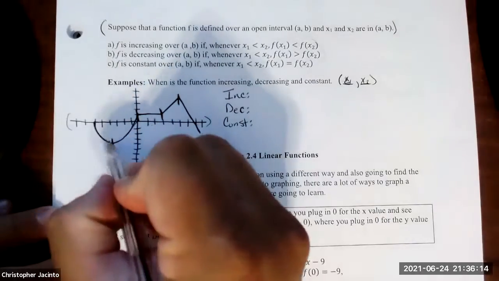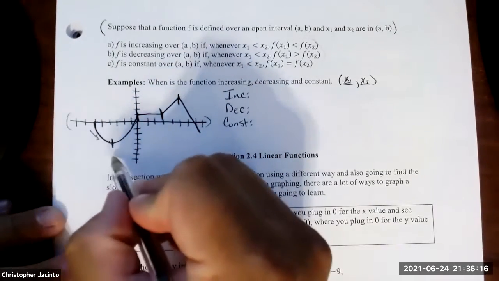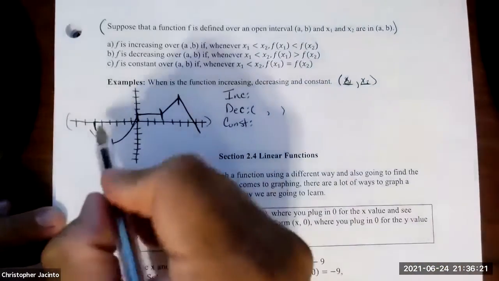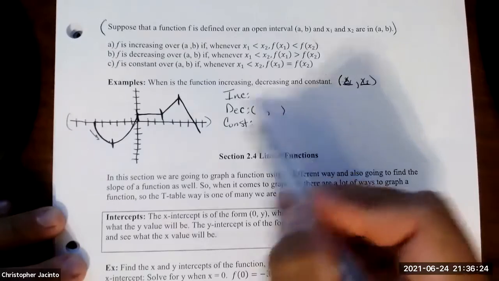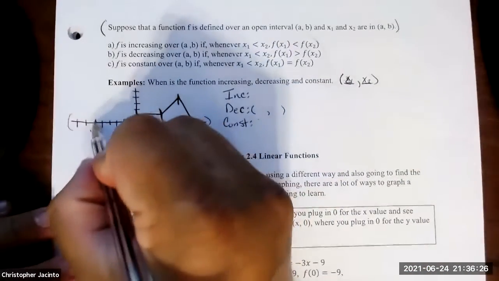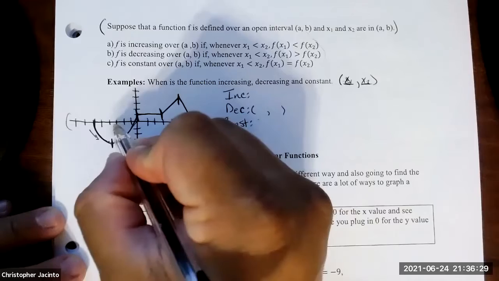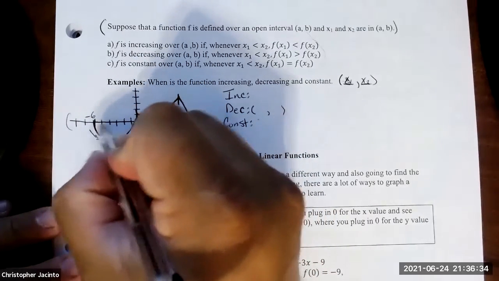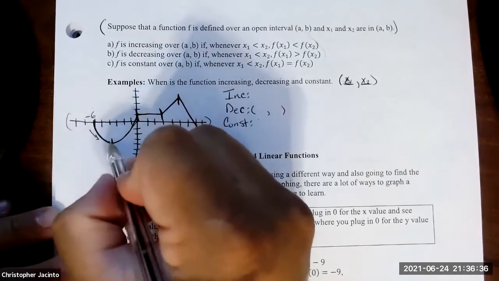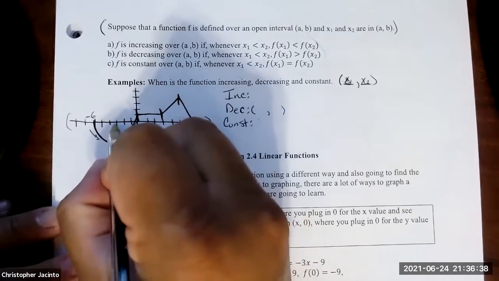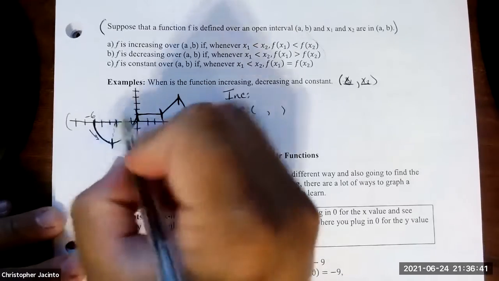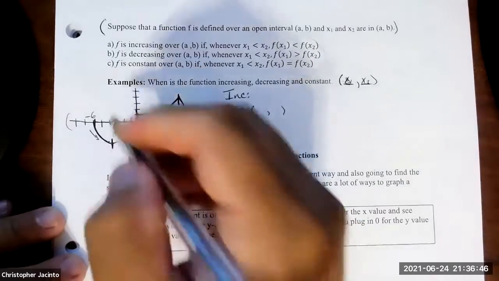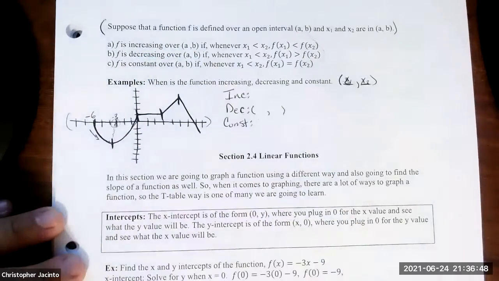From here to here, we're going down, so that's decreasing. So first let's do a decreasing interval. And remember, from what x value to what x value are we decreasing? We start from here, which is -6. And to what x value do we stop decreasing? We marked it here, so this is approximately -3.